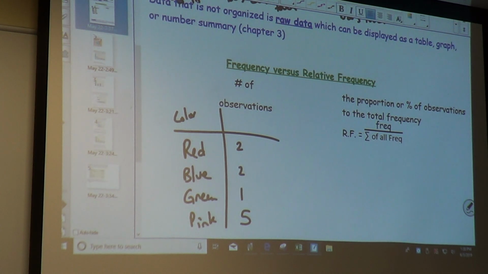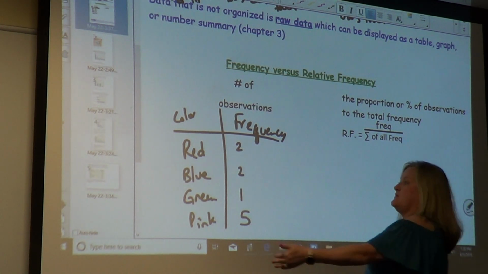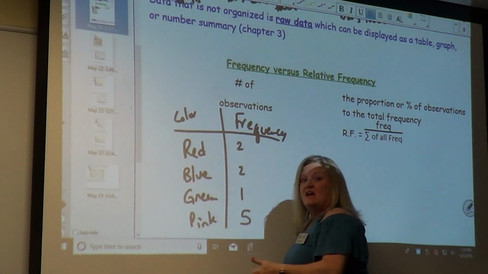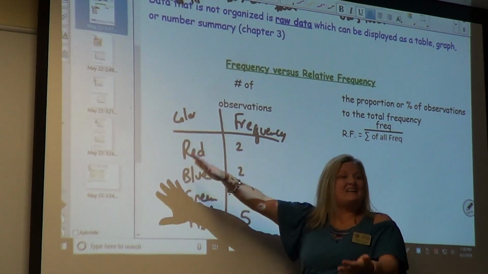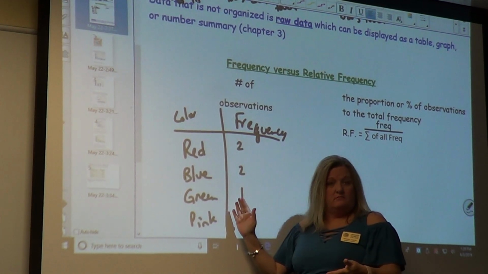Pink's my favorite color. So, 2 people like red, 2 people like blue, 1 person likes green, and 5 people like pink. That would be my frequency. So that whole chart is called a frequency distribution. It tells me what question am I asking. This is my variable. And what they say. This is my raw data.